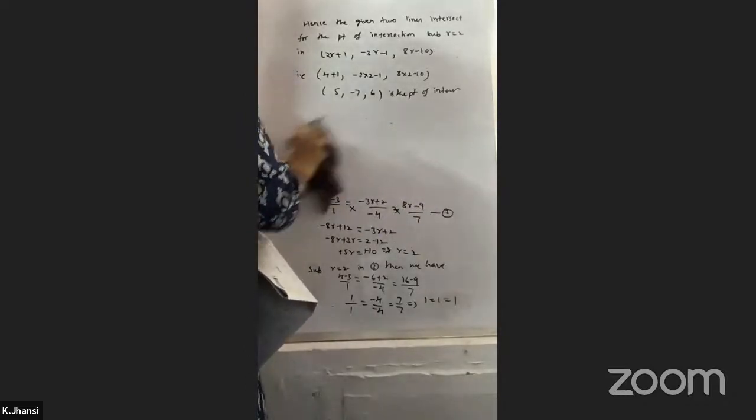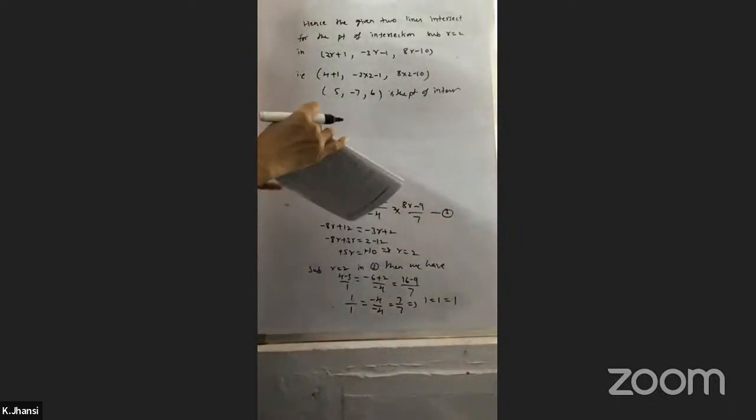Now we need to find the equation of the plane containing them. So equation of the plane containing means you know already formula is there. That is any one of the numerator, that is x minus x1, y minus y1, z minus z1, that we have to find. Okay.